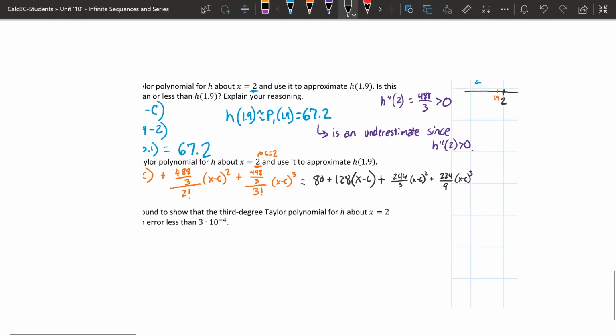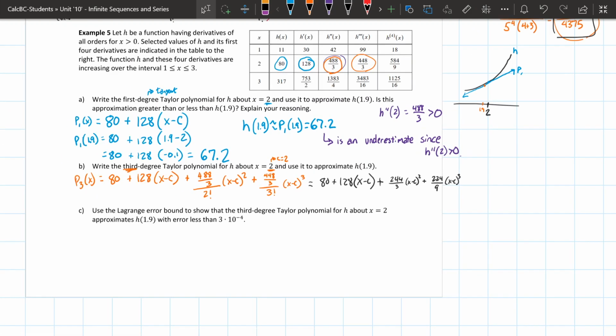All right, so that is our P sub 3, our third degree Taylor polynomial. We want to use it to approximate h of 1.9.